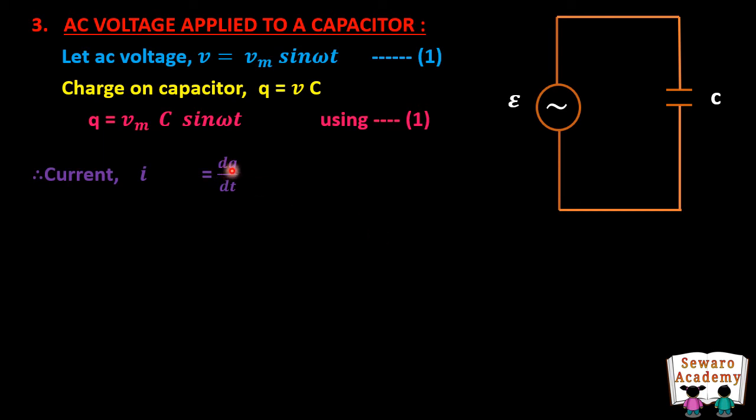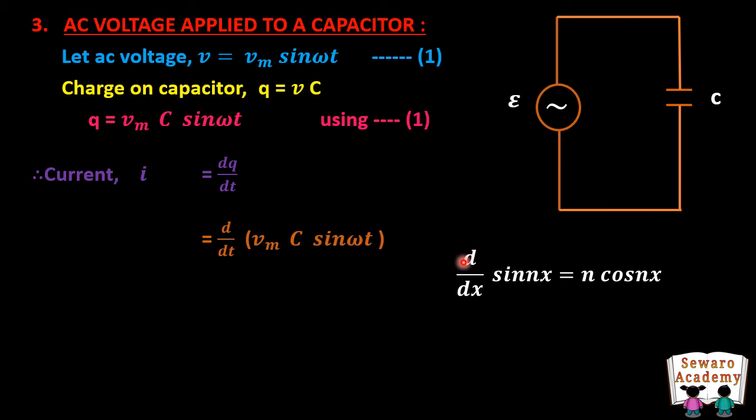Now we replace q by Vm C sin omega t, and it will be d by dt of Vm C sin omega t. Here Vm and C are constant with respect to time, so the differentiation will be d by dt of sin omega t. Here we have to use the differentiation formula: differentiation of sin nx equals n cos nx.